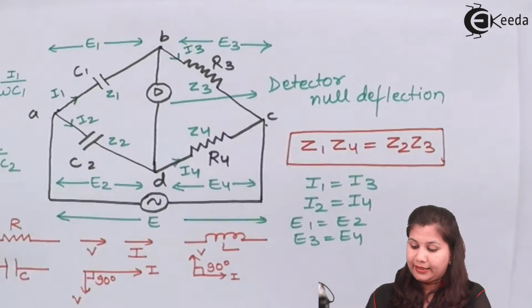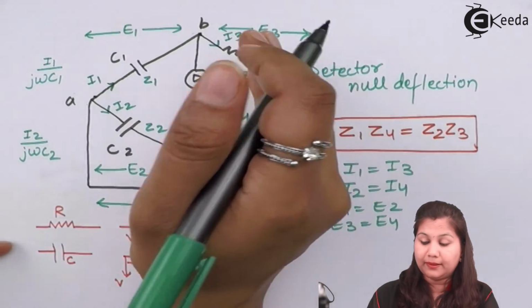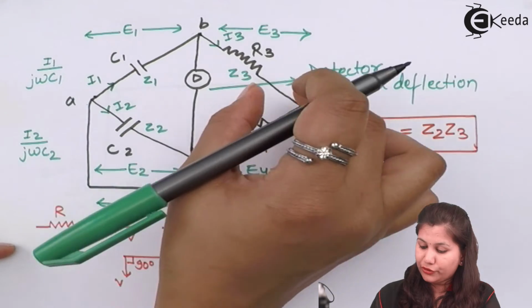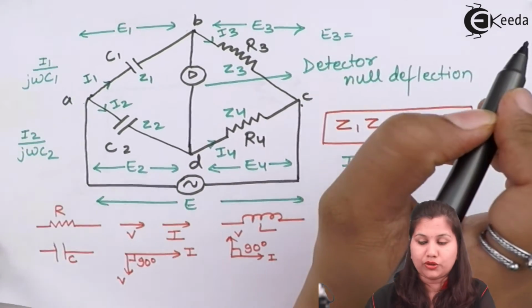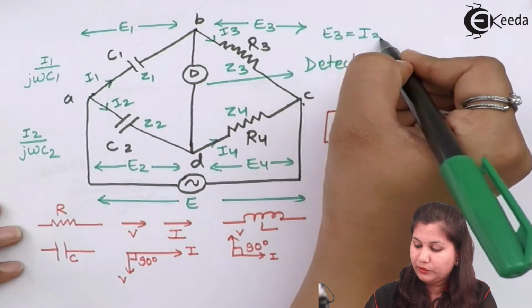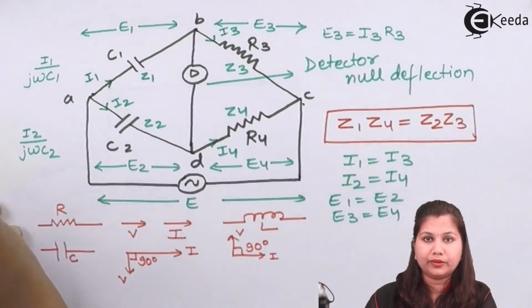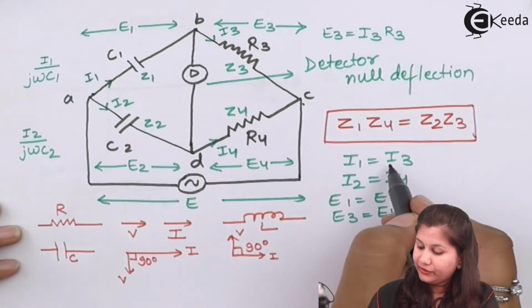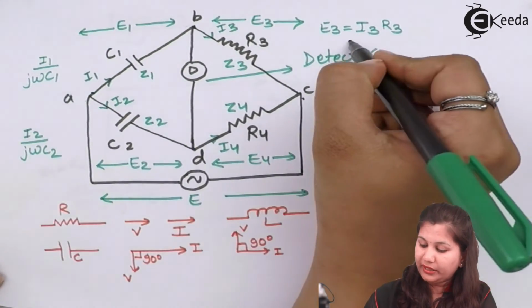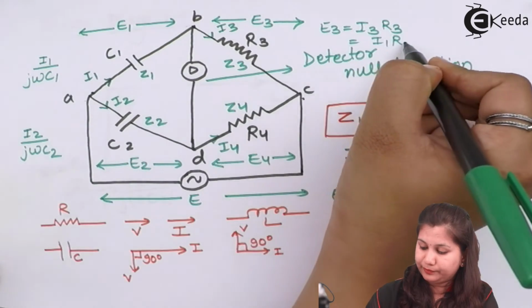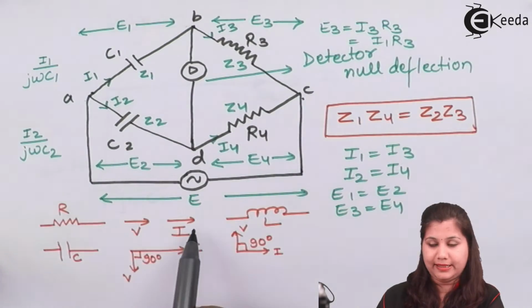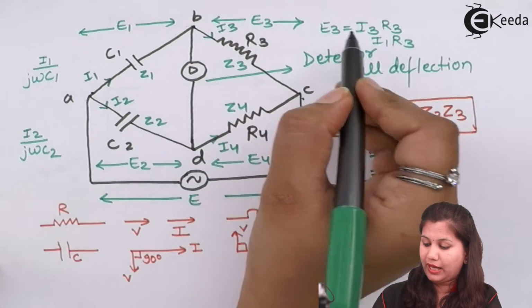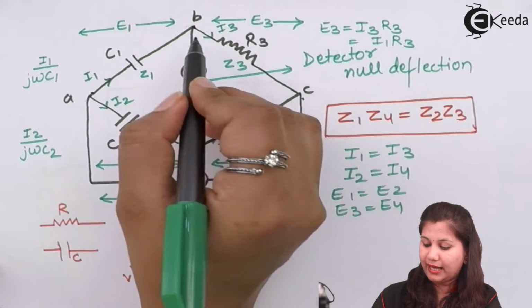Next we will come to the E3 voltage drop. E3 voltage drop is across a resistance, so it will be equal to I3 R3. Here I3 is equal to I1, so we can write it as I1 R3. Across a resistor, the voltage and current are in the same phase. So the voltage is I1 R3 and the current is I1.